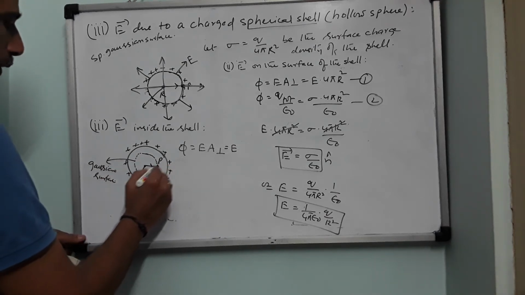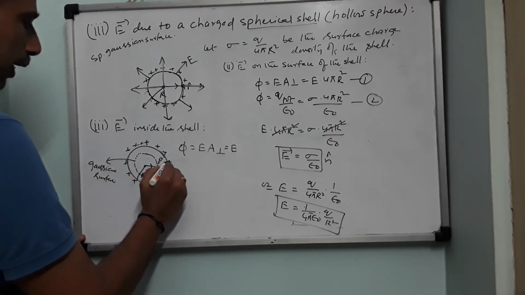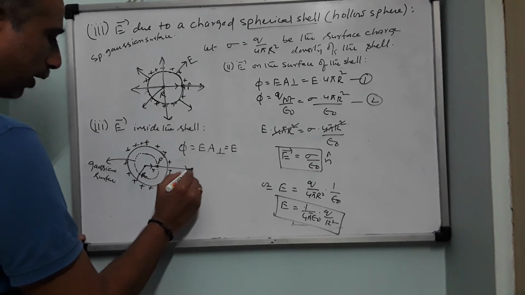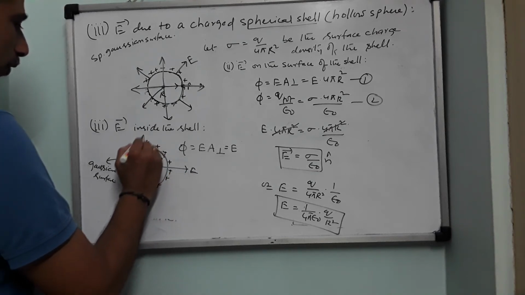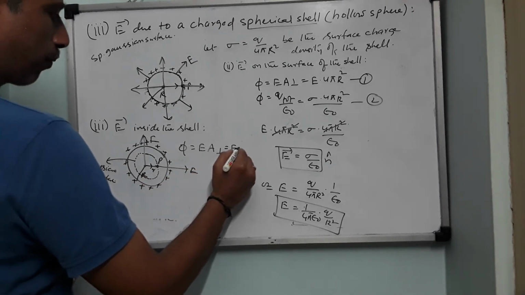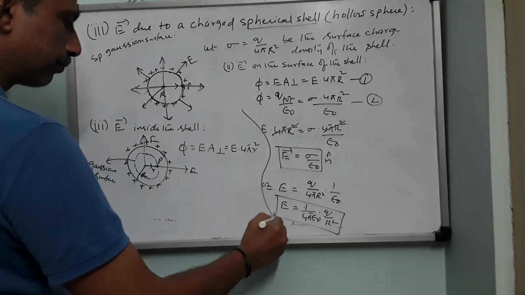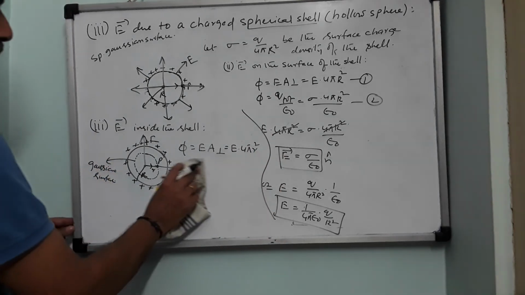If you draw electric field, we do not know whether electric field exists or not, that we are going to see. So this is the direction of electric field. Therefore, this is 4 pi r square.